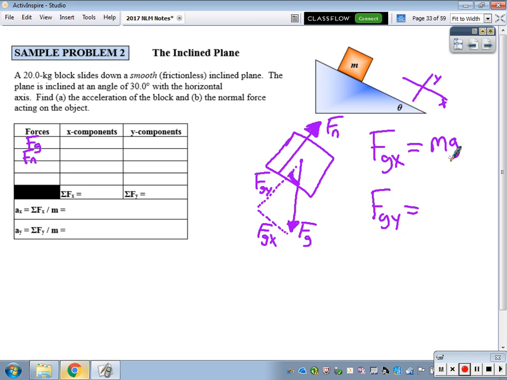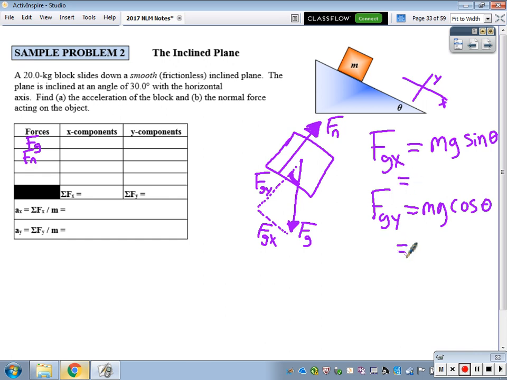So to find the x component, it would be mg sine theta. And I know many of you have probably conditioned yourselves to say the x component is cosine, the x component is cosine. It's not in this case because of where that angle is. And we should be able to find FGY, since that now is our adjacent side: m times g, which is the value of our hypotenuse, multiplied by what trig function? That would be the cosine theta.